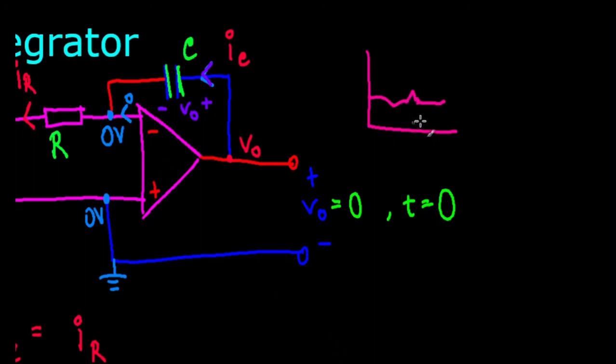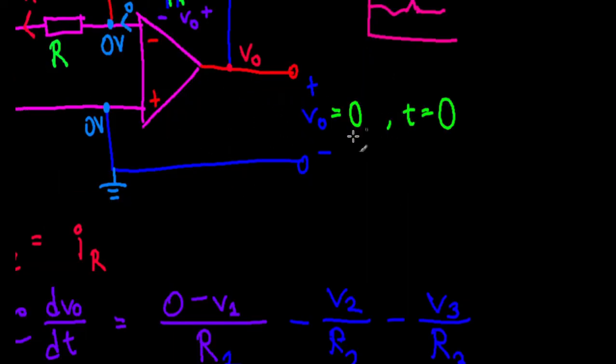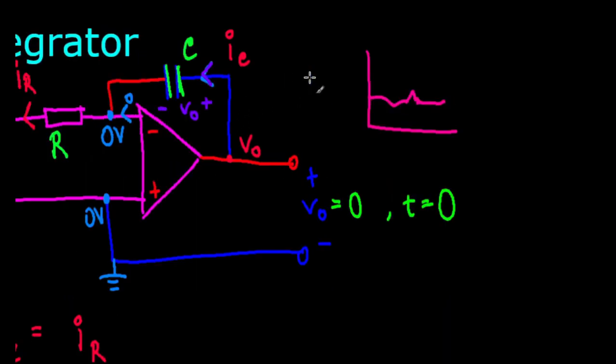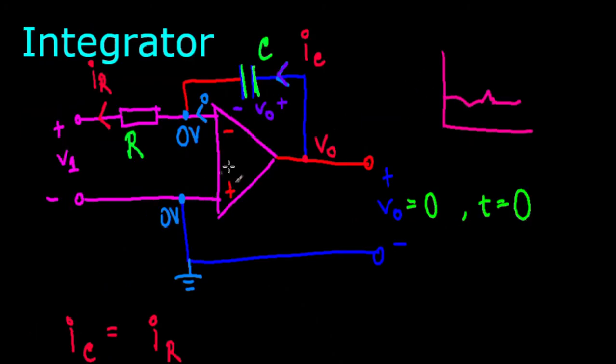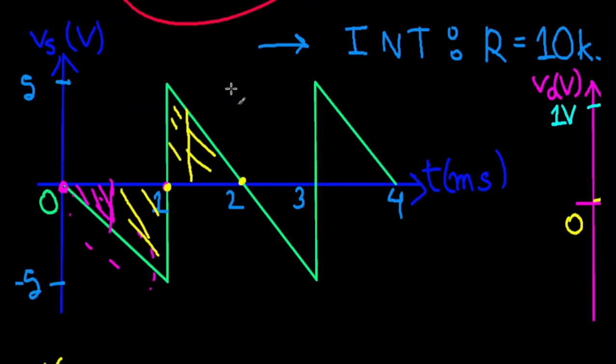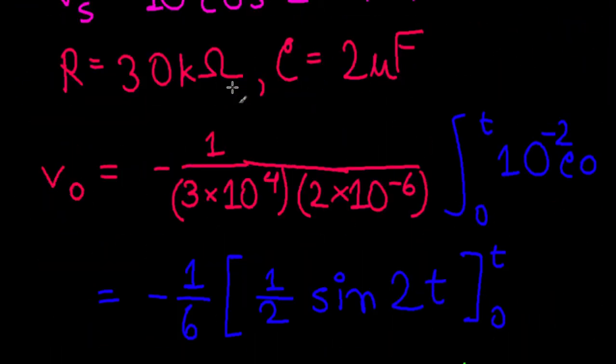So there's no real bother with that. The output voltage wouldn't behave too abnormally, and the integrator circuit doesn't become unstable at higher frequencies. It's not affected by noise, and it's much more usable, with fewer flaws than the differentiator.